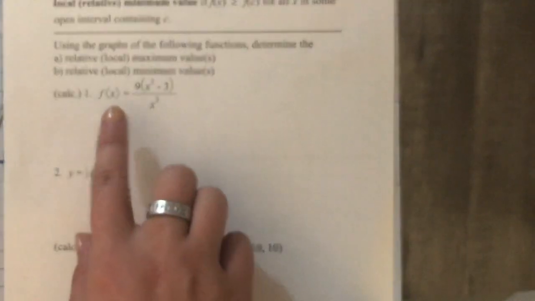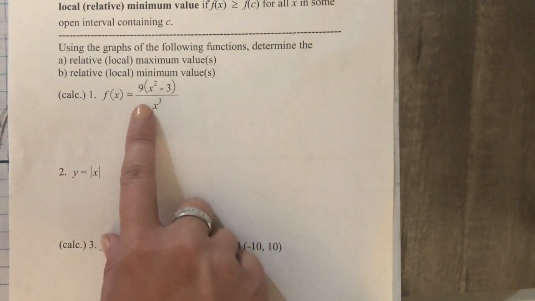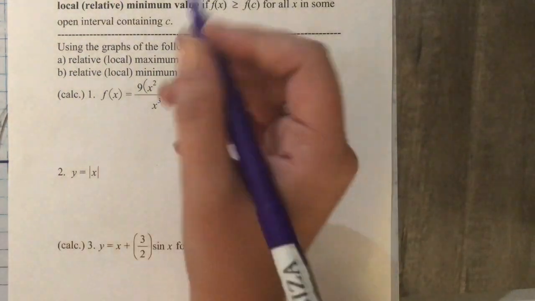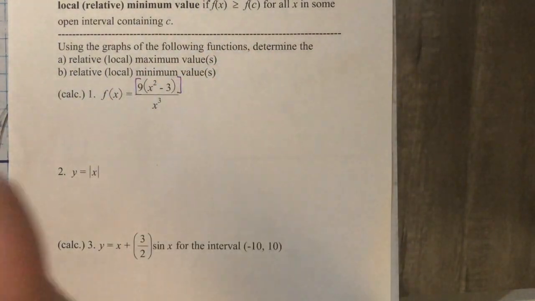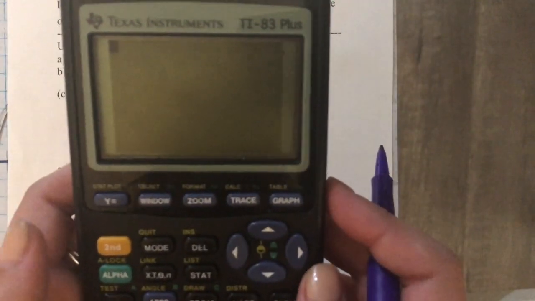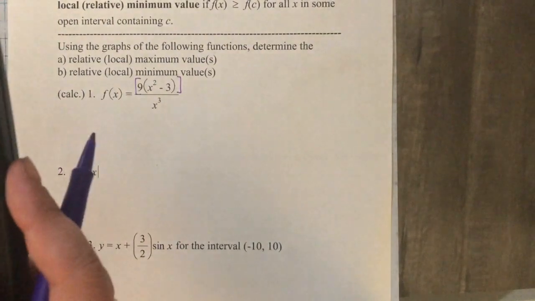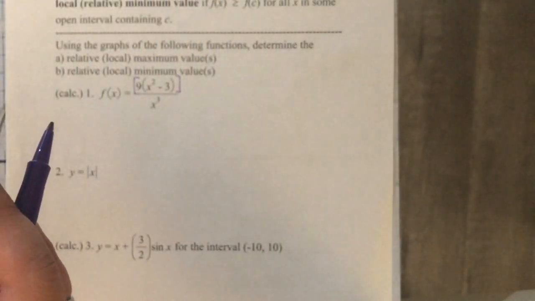And my function here is 9. Okay, I'm going to be really careful here putting this in the calculator. I want my numerator to be 1 unit, so I'm actually going to put brackets around this when I put it in the calculator, just to make it really clear to my calculator what I'm doing. So I'm going to go to y equals, and then clear out my last one, and I'm going to use parentheses.